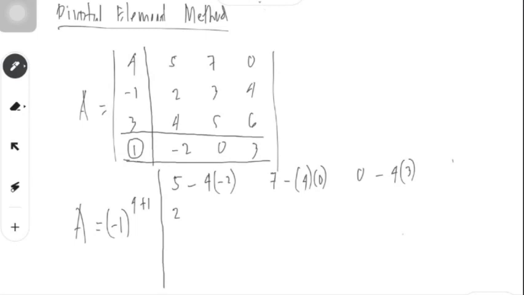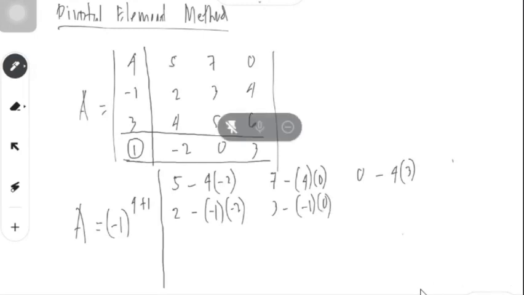What is the next? 2 minus what? Minus 1 times negative 2 po. Negative 1, yes, times negative 2. Next is 3 minus what? Sir, negative 1 is 0 po. Negative 1, then 0. Tama.